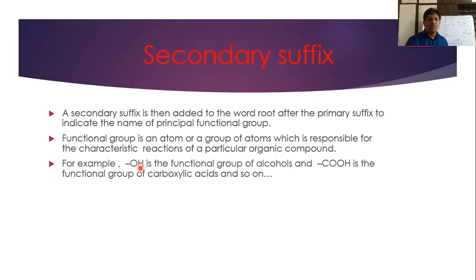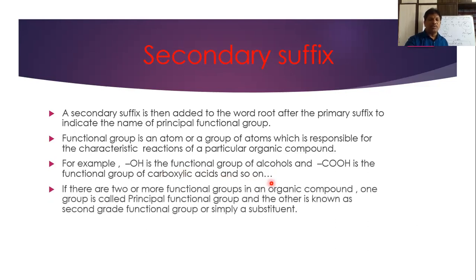For example, OH is the functional group of alcohols and COOH is the functional group of carboxylic acids, and so on. There are different types of functional groups that we are going to discuss. If there are 2 or more functional groups in an organic compound, one group is called the principal functional group and the other group is known as the second grade functional group, or simply the substituent.